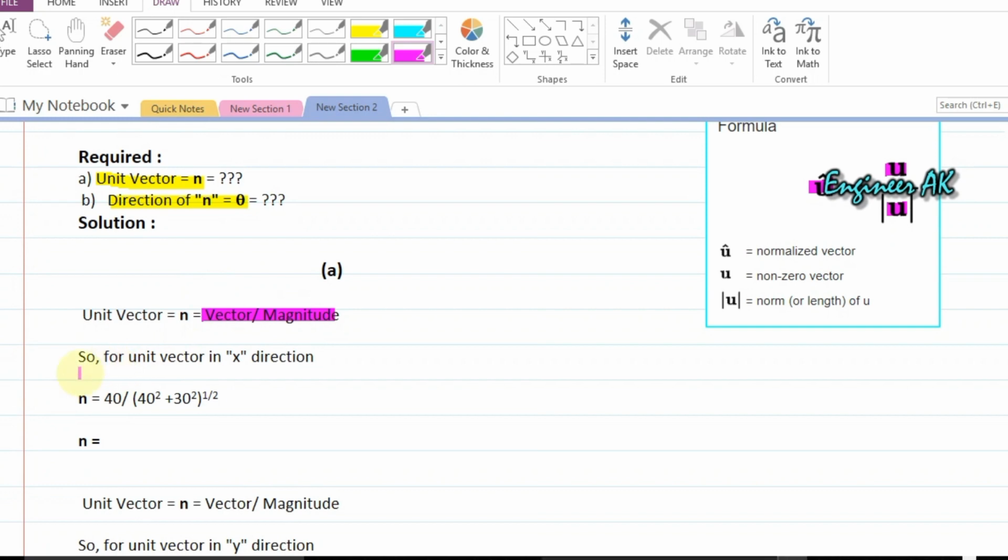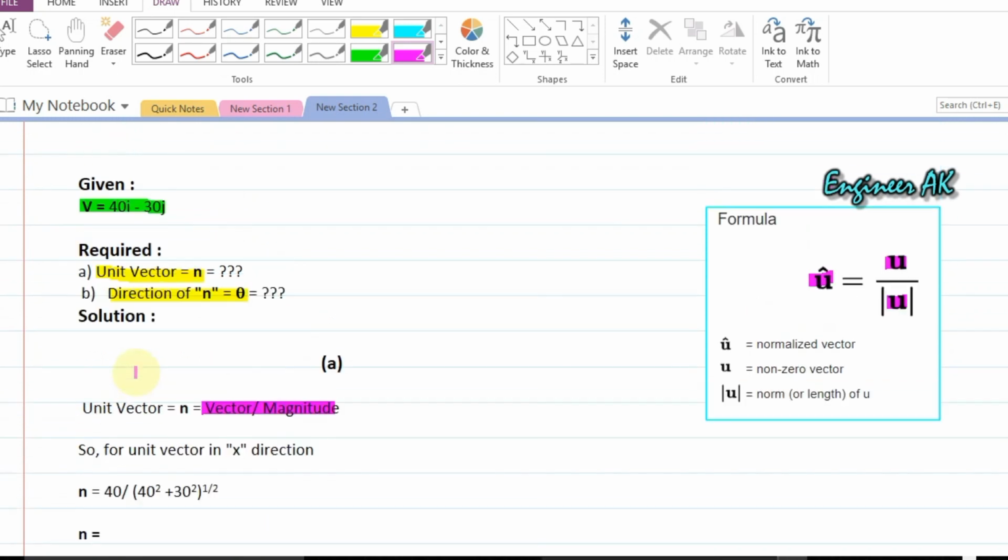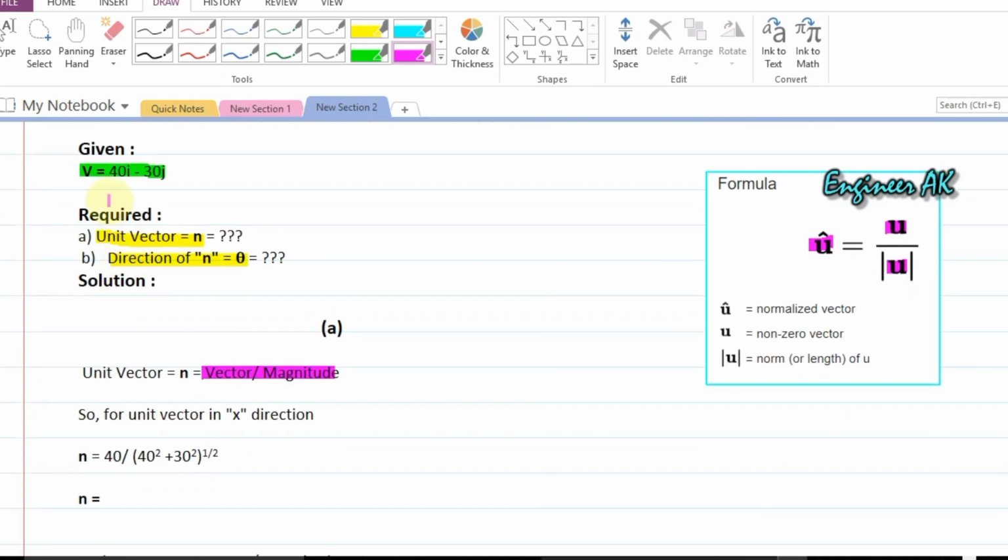So for the unit vector in the x direction, which is represented with i, the vector is 40i, divided by the magnitude. How can we take the magnitude?